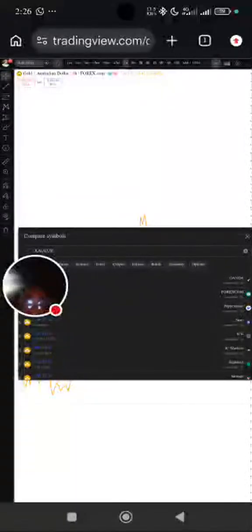Now I must make sure that I'm using the same broker. Since I'm using forex.com data for XAU AUD, I must make sure that I'm using the forex.com XAU Euro, so that the data from the brokers will not clash.